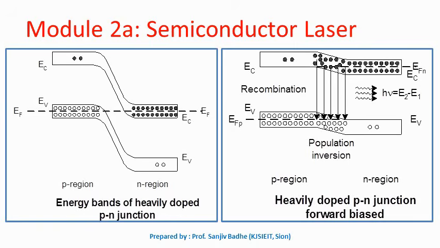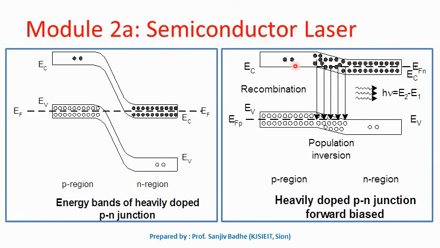When you connect this PN junction in forward bias mode, and when you adjust the forward bias voltage to be greater than barrier voltage, then the energy bands on the two sides will get aligned. Valence band on P side is aligned with the valence band on N side, and conduction band on N side is aligned with the conduction band on P side.